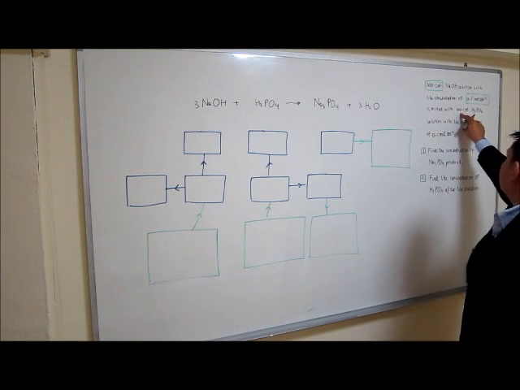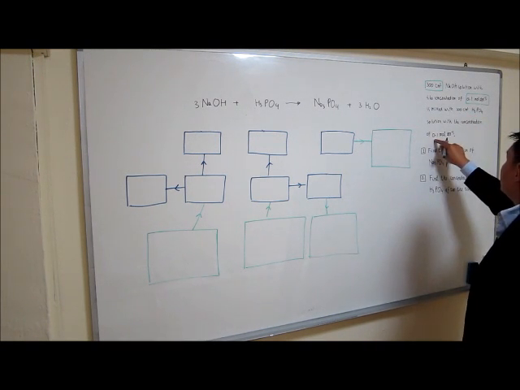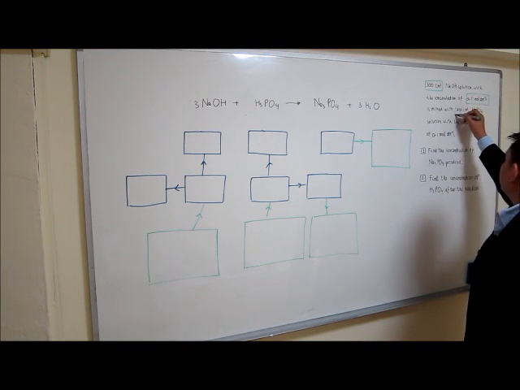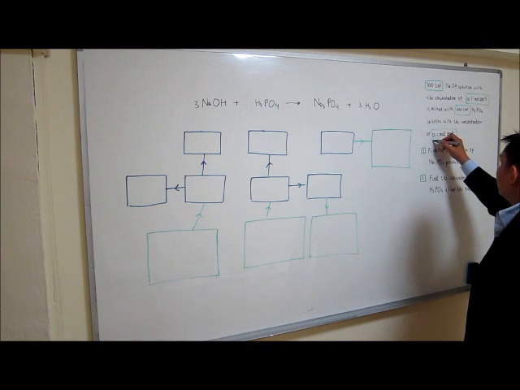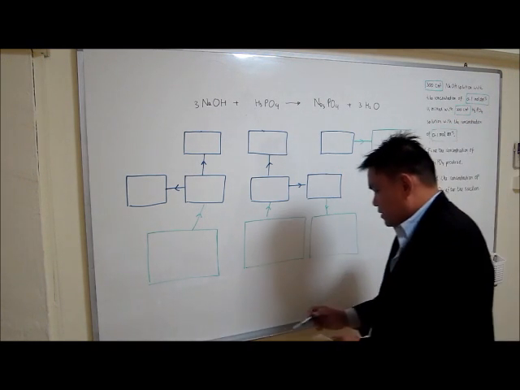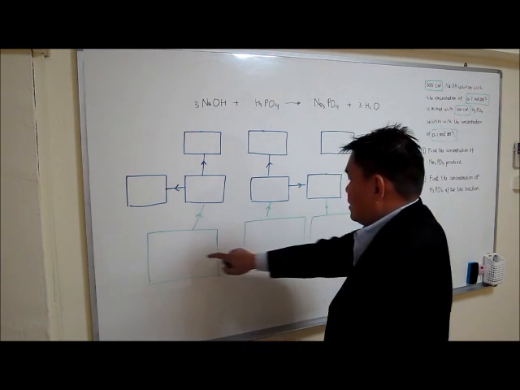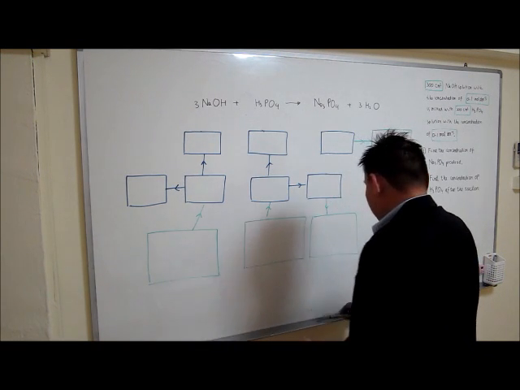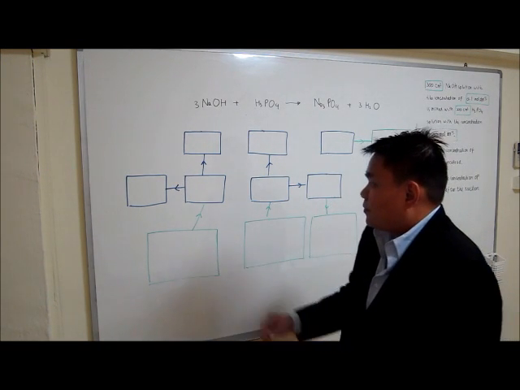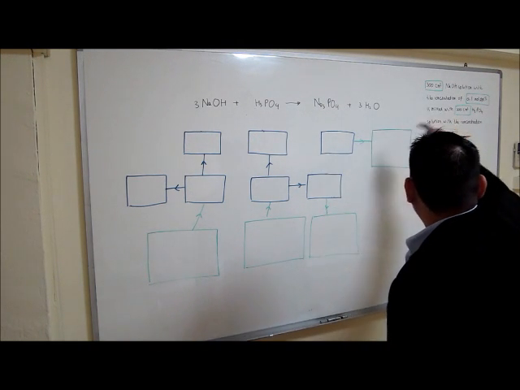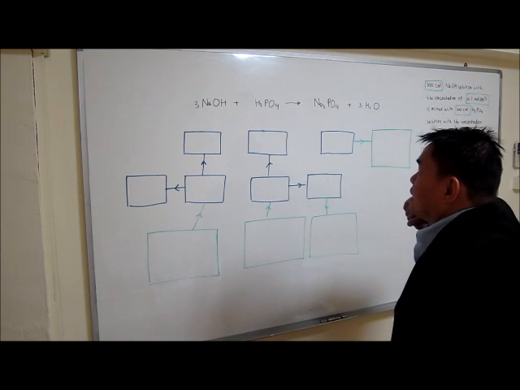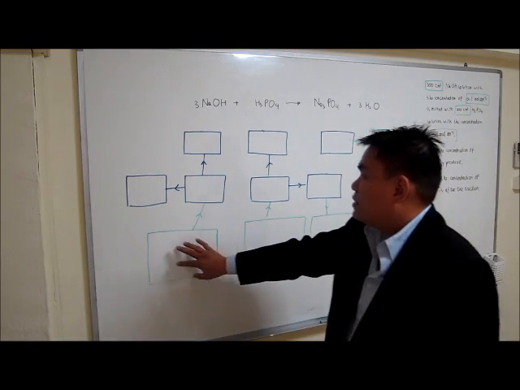Phosphoric acid is 200 cm cube. Concentration is 0.1 mole per dm cube. We are going to put that inside this green box also. Now you have 4 pieces of information there, and we are going to put it here.